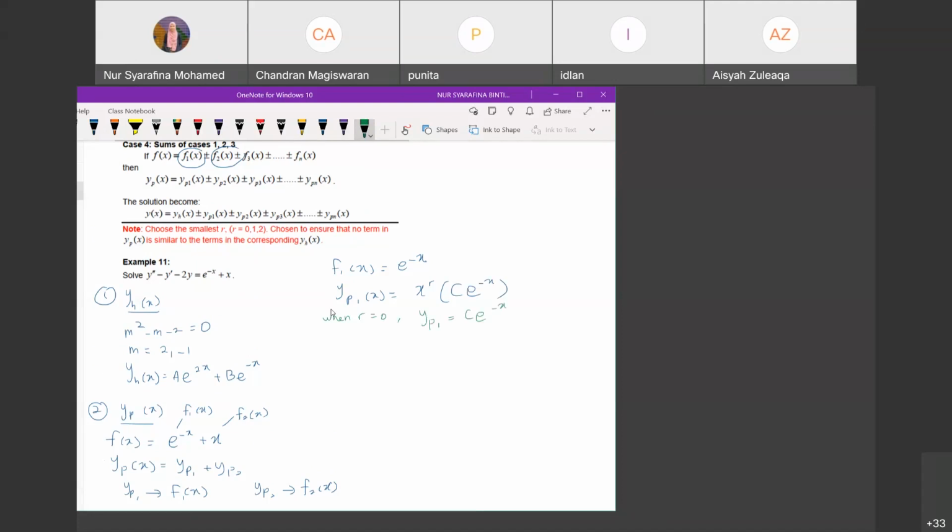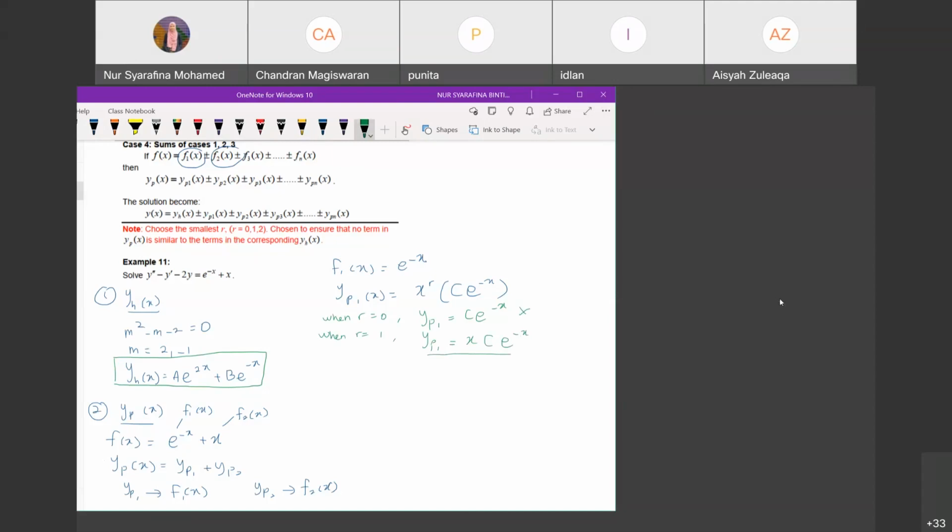Is there any similar term with yh? This is your yh. Yes, so we cannot choose this. Then check again when r equals 1. When r equals 1, your yp1 equals x c e to the minus x. Is there any similar term? No. Then proceed. So this is your yp1.